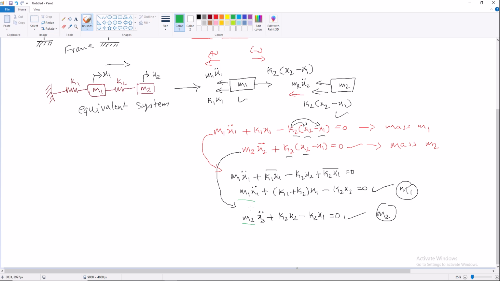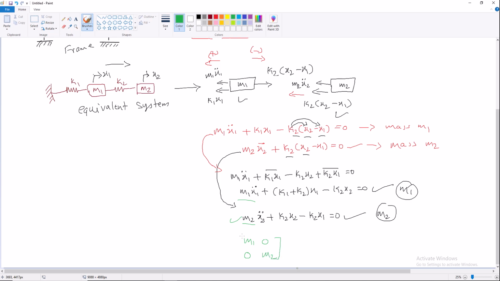First, x1 double dot is associated with m1, so this is m1, and in the same equation we cannot see m2, which is associated with x2, so it is 0. Now I am referring to equation number 2 to write this mass matrix. In it, x2 double dot is associated with m2, x1 double dot is not there, so it is 0, and x2 double dot is m2, right.